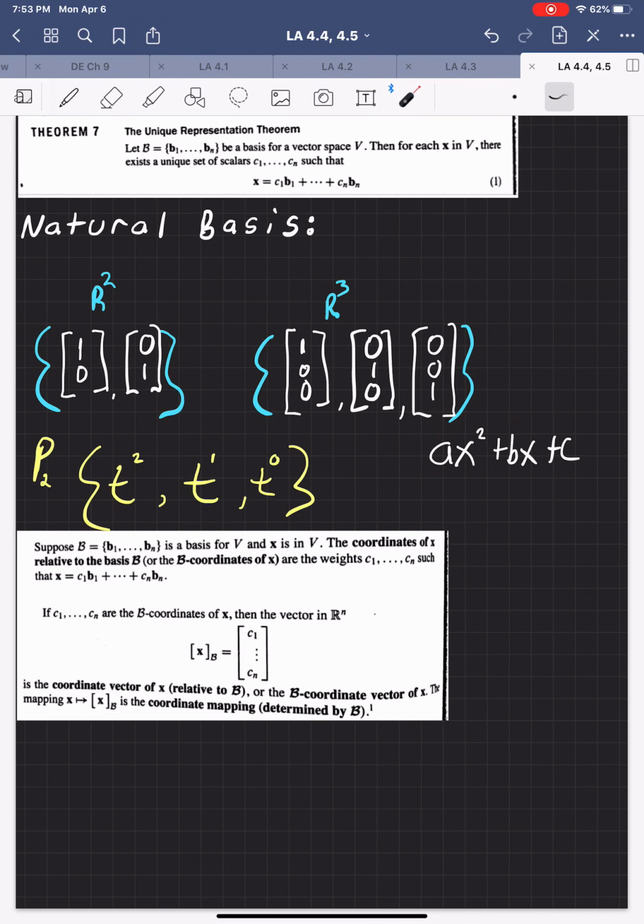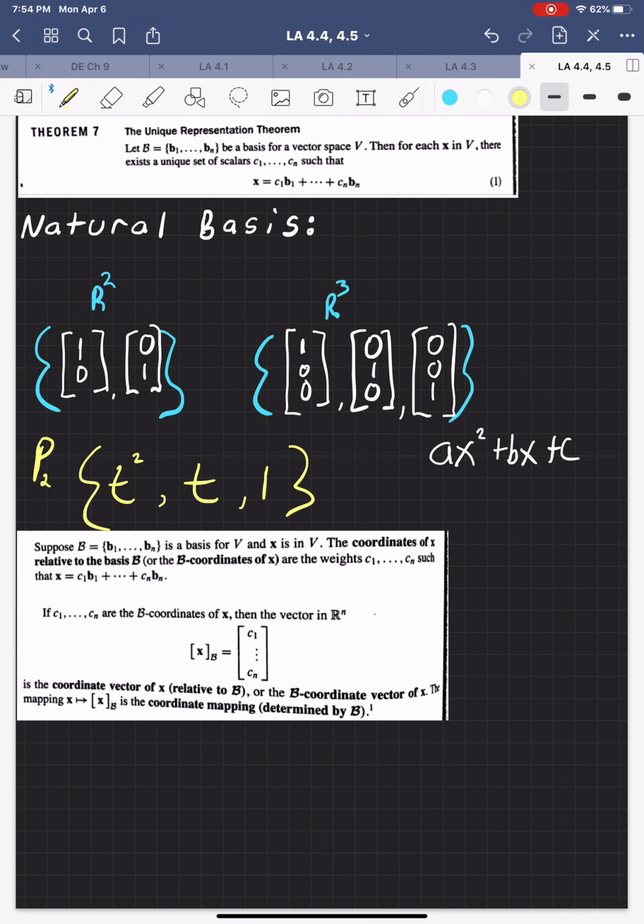Now what I want to do is talk about, just like I talked about the natural basis of, say, R2 or R3, the natural basis of a polynomial space. So when your polynomial is of degree 2, I'm going to erase this for just a second. What I'm going to write is a 1 here. What you're looking at, this set, is the basis for a polynomial space.